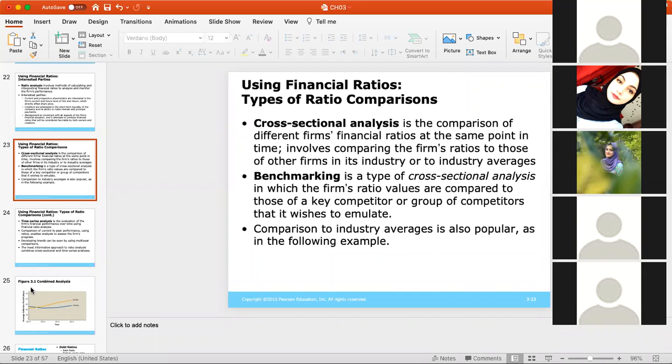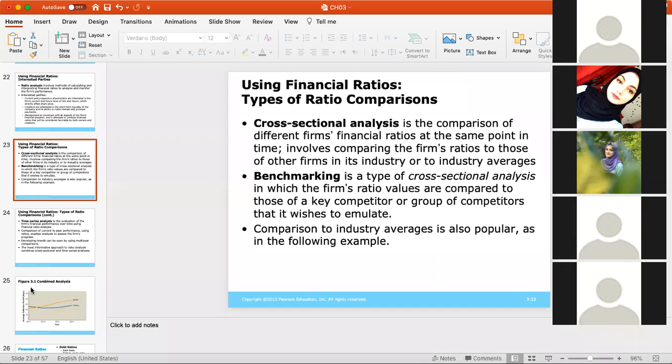For cross-sectional analysis, let us speak about the Palestinian stock exchange market. To the best of my knowledge, there are 49 companies listed in the Palestinian stock exchange market. If we want to collect some data about all these companies for the year 2020, we call this data cross-sectional data.